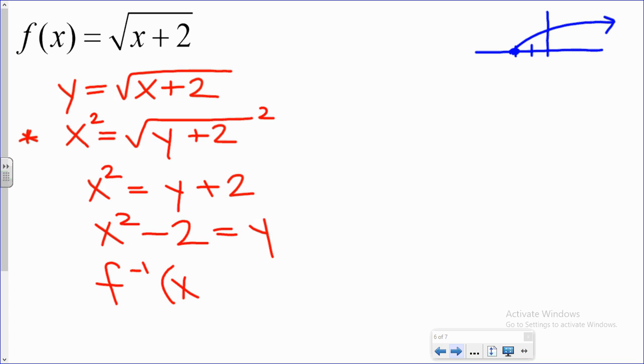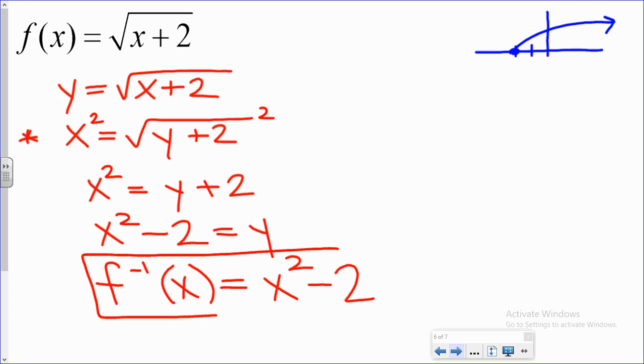So what I want you to write is that f inverse is x squared minus 2. Okay, now you are going to have to determine the domain and the range for this inverse function.